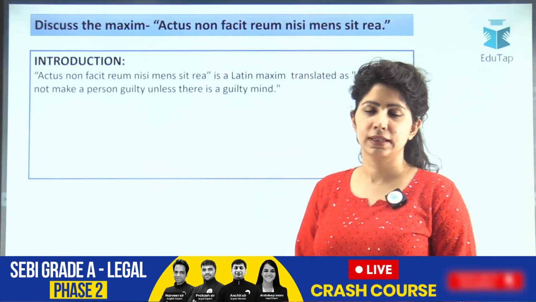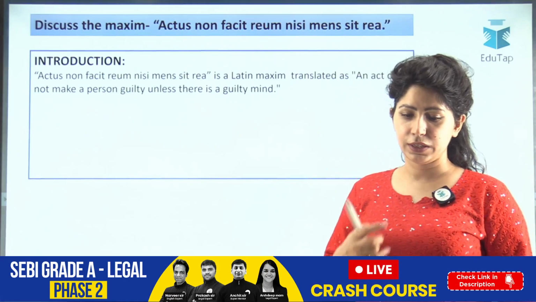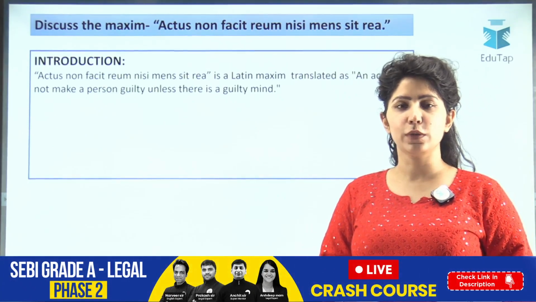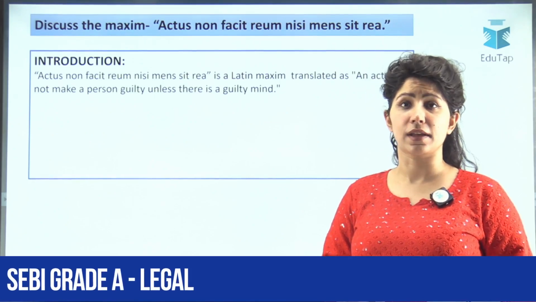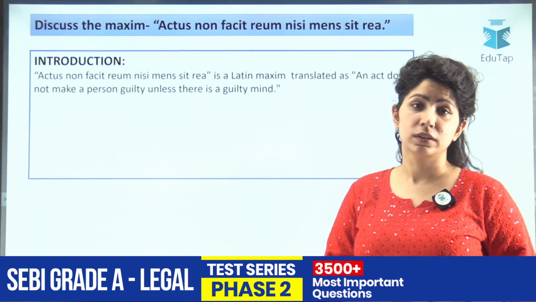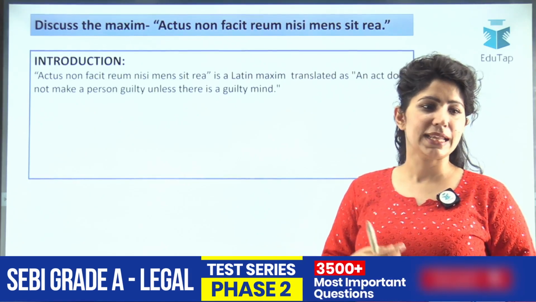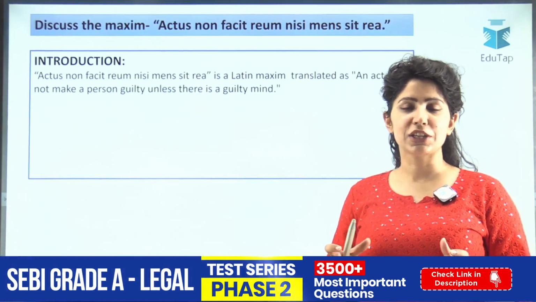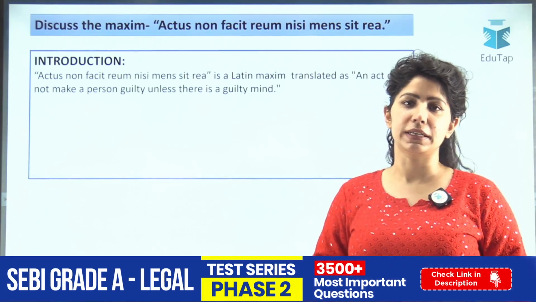First of all, when you are studying the descriptive portion, frame questions for yourself. Whenever you've studied a topic, a law, an act, anything, frame questions for yourself and take the help of ChatGPT for framing answers, and then see what changes you can make. Tools like ChatGPT can help you a lot with descriptive writing.